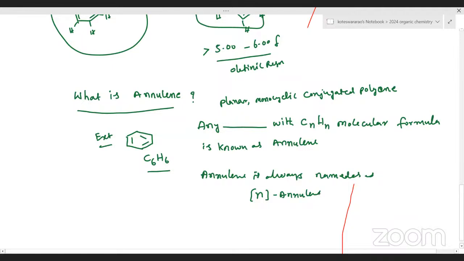Benzene is simply called [6]annulene. In the literature, it is also mentioned as benzene [6]annulene. That is also correct, or simply you can represent it as [6]annulene.